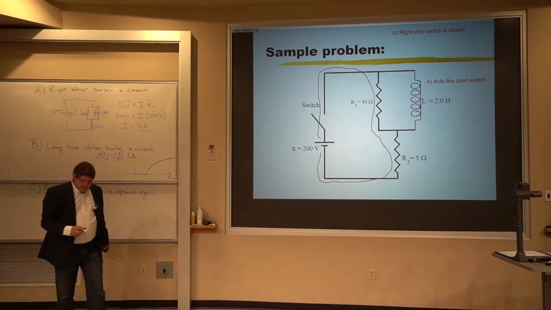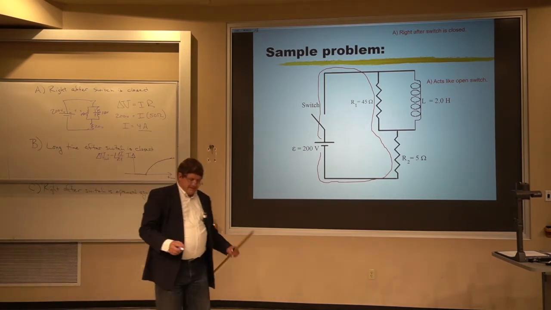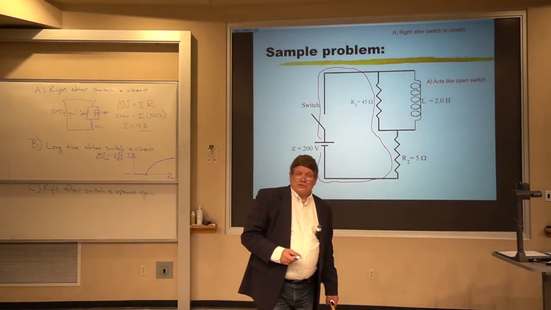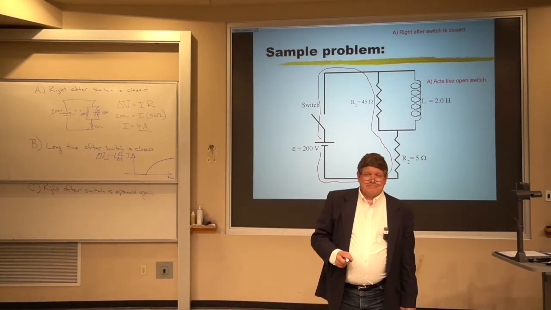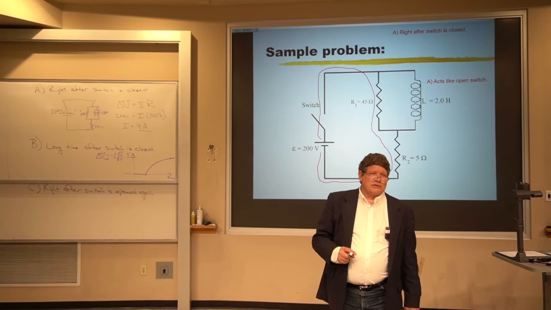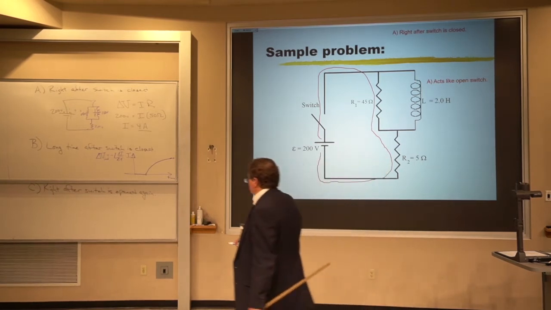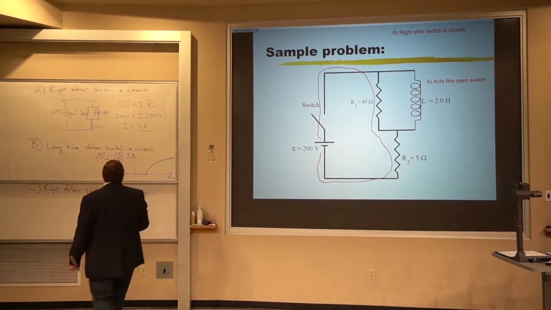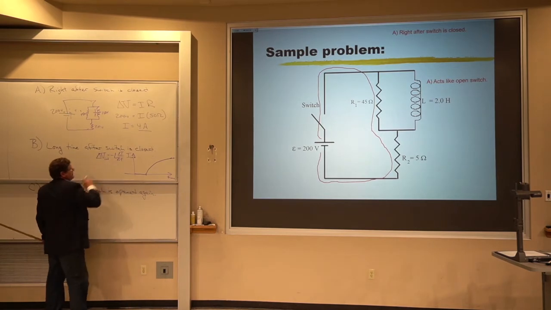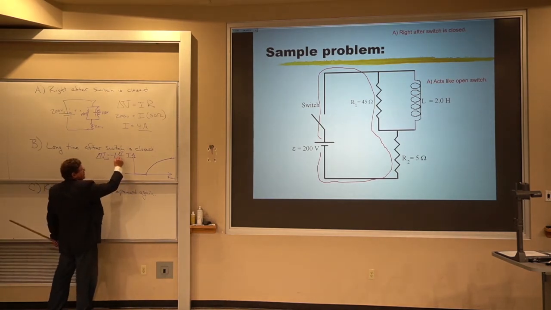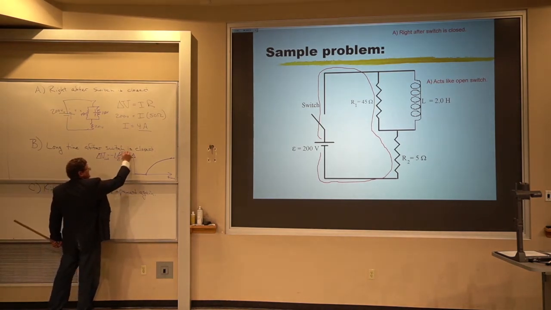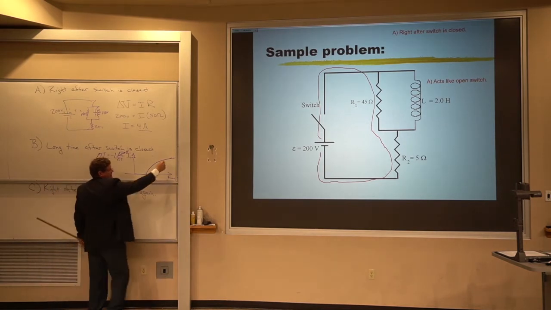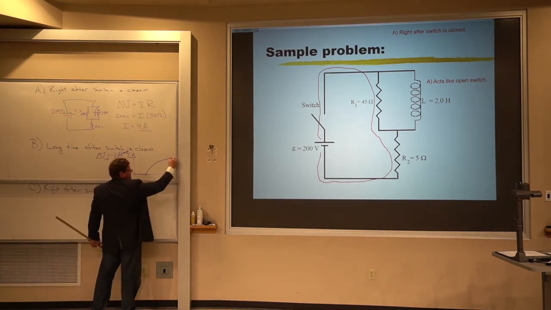Now, folks, that's going to be on the front page of your exam, but for heaven's sakes, don't use it. Well, don't use it to get actual numbers, unless the number you want is 0. The only time you use this equation is when the change in current through the inductor is 0. That's up here, a long time after the switch has been closed.